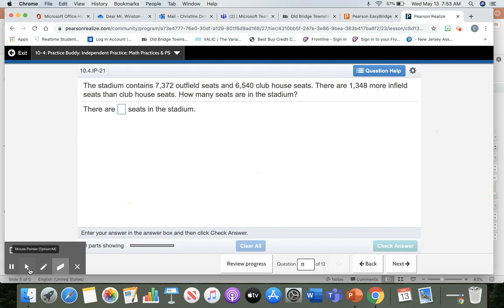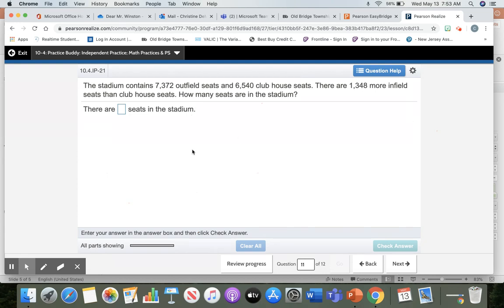It says the stadium contains 7,372 outfield seats and 6,500 clubhouse seats. There are 1,348 more infield seats than clubhouse seats. How many seats are in the whole stadium?